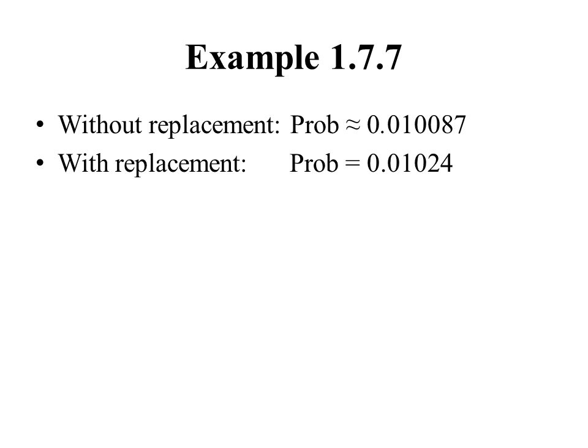Okay? So now here's the real point of this example. Let's look at this observation. When we did it without replacement, the probability was 0.010087. When we did it with replacement, treating things as independent, the probability was 0.01024. Okay. Well, those two probabilities are practically the same.